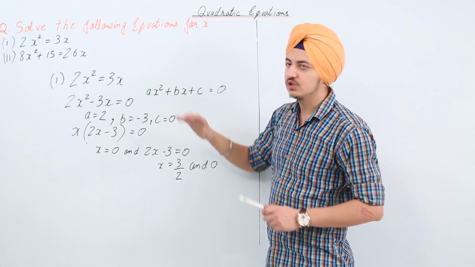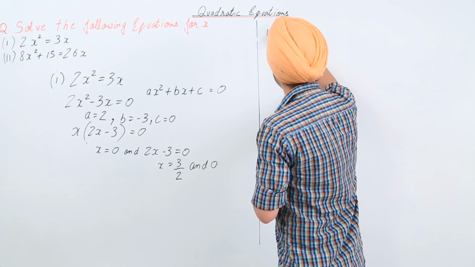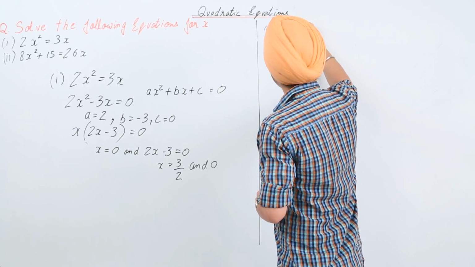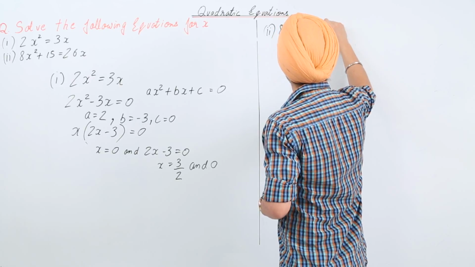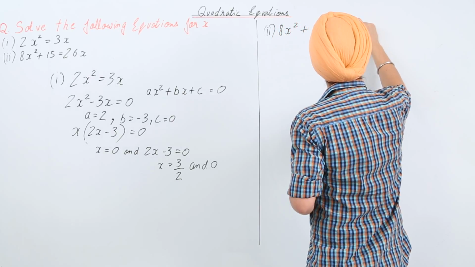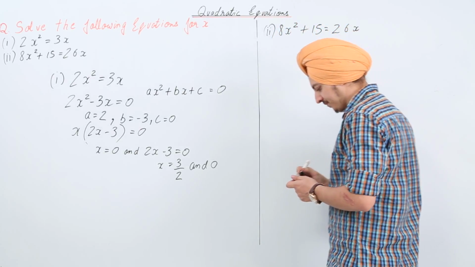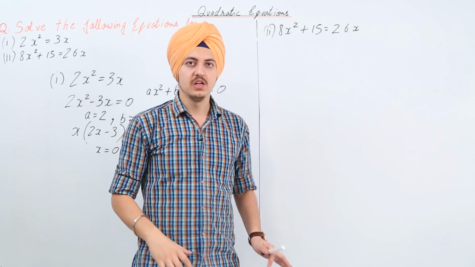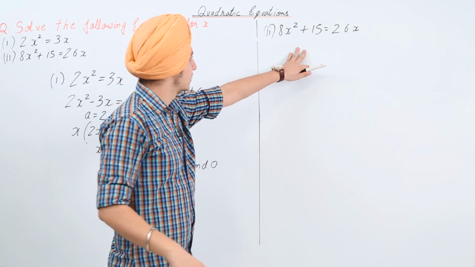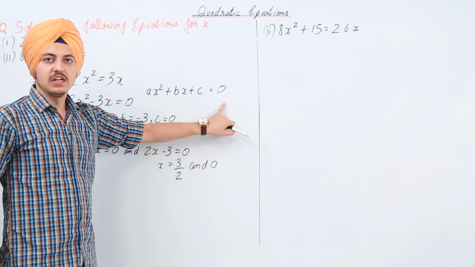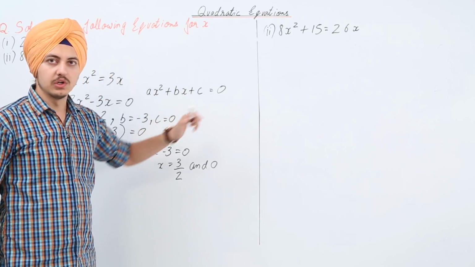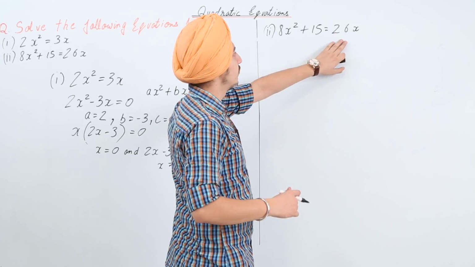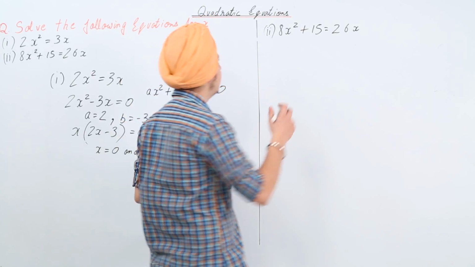Clear? Now we move on to the second part, or the second question, which says 8x square plus 15 is equal to 26x. Now how do we go about this question? We have to again bring this equation into the form ax square plus bx plus c equal to 0. So we bring this to this side.